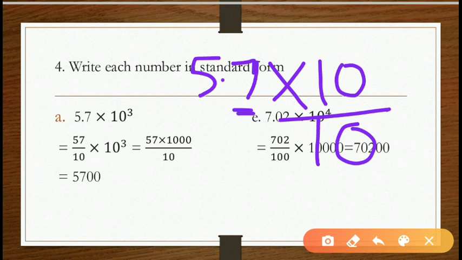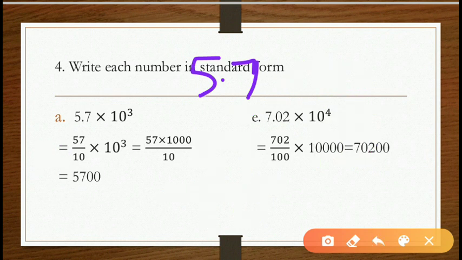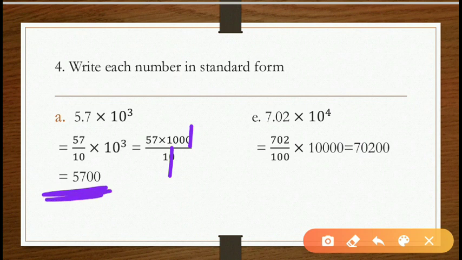When you multiply it, you will get 57 over 10, and 10 to the power 3 will remain as it is. Now 57 into 10 to the power 3 can be written as 57 and 3 zeros, over 10. Now one 0 can be cancelled. When the 0 is cancelled, it will give you 57 multiplied by 100, which means 57 and 2 zeros. This is your standard form.